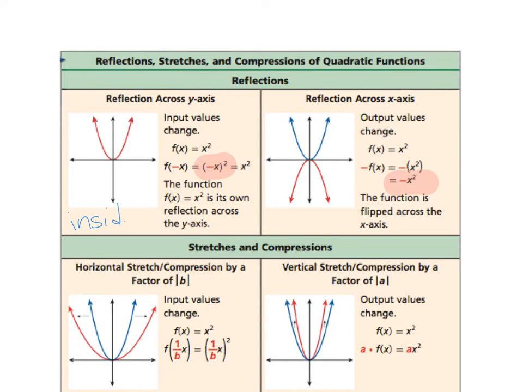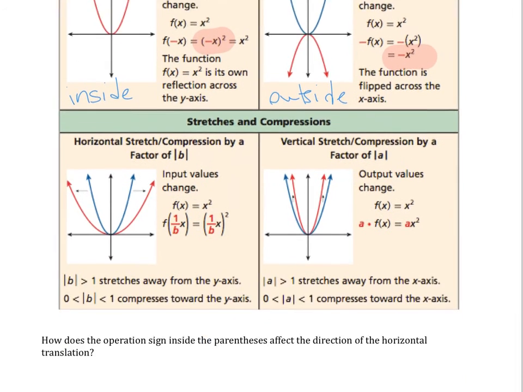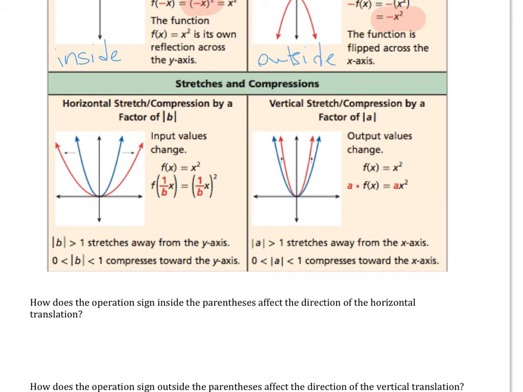So inside, outside. When we do a horizontal stretch or compression, the factor goes 1 over the factor with the x, just like we did before. And then the vertical stretch or compression goes outside the function.